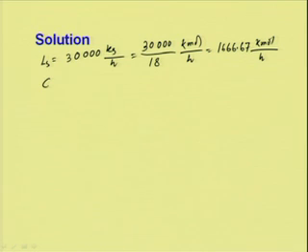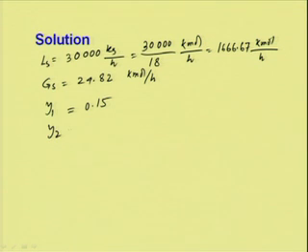Gs we have calculated, Gs is equal to 24.82 kmol per hour, and Y1 we know is 0.15, Y2 is 0.00879, and X2 is also known, which is 0.